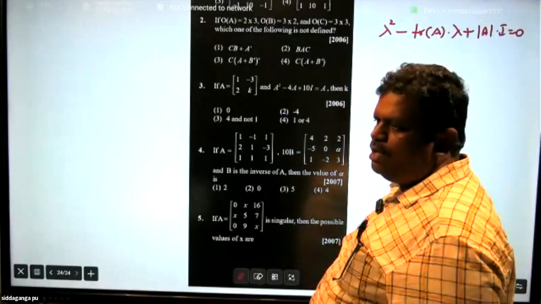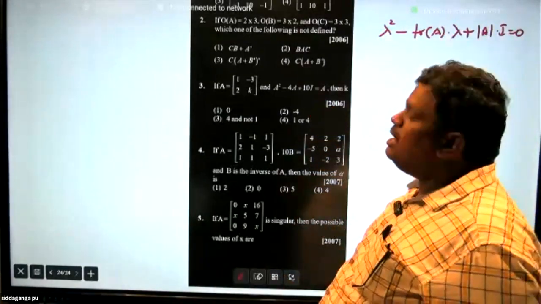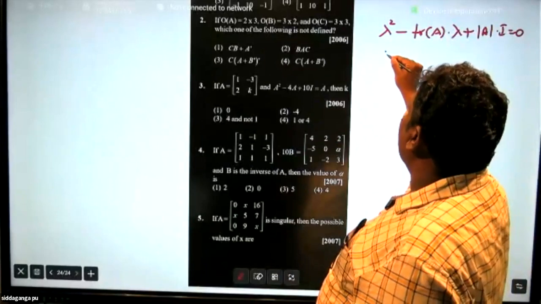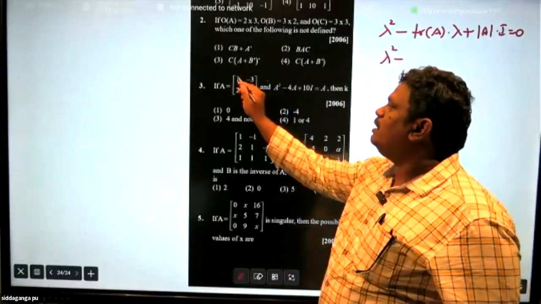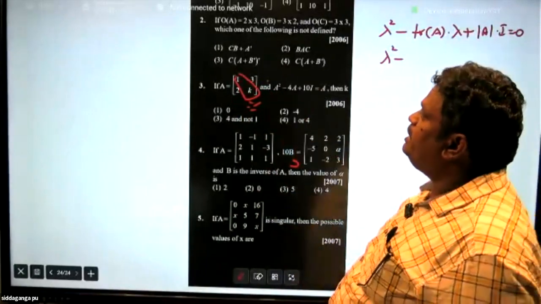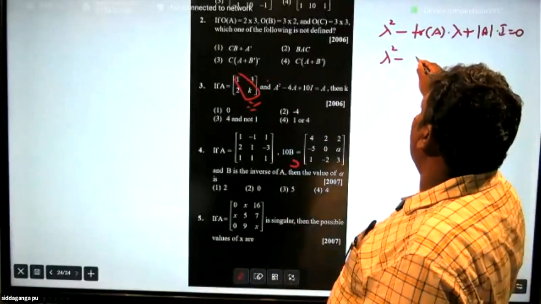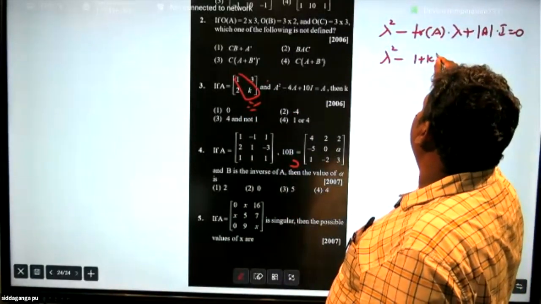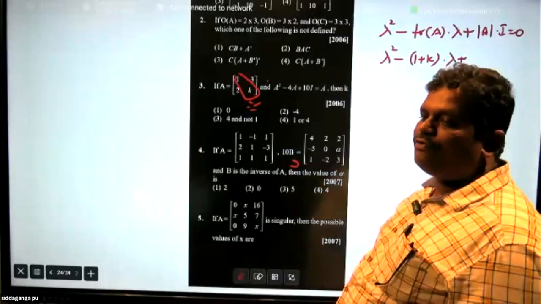This one we remember, whenever a 2 by 2 matrix is given, we can apply this equation. Trace means the sum of the principal diagonal elements, which here is 1 plus k. So 1 plus k is the trace, into lambda, plus the determinant of A.